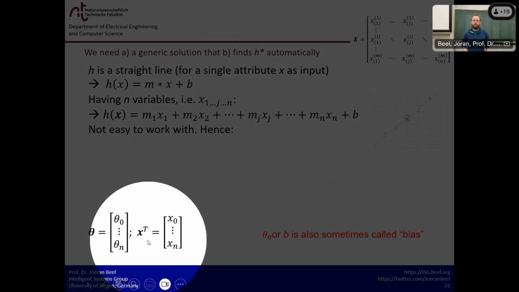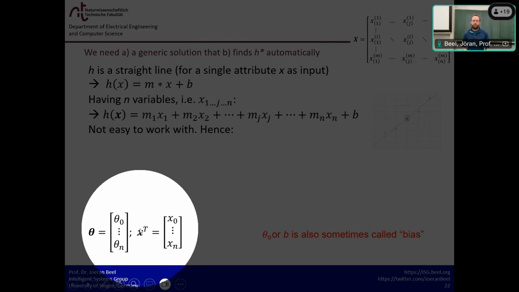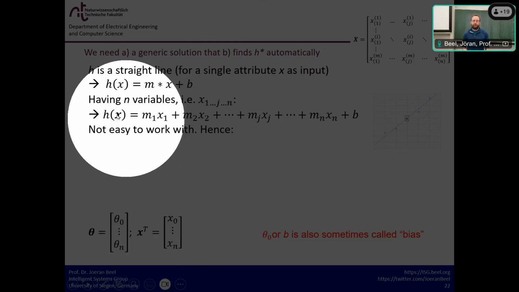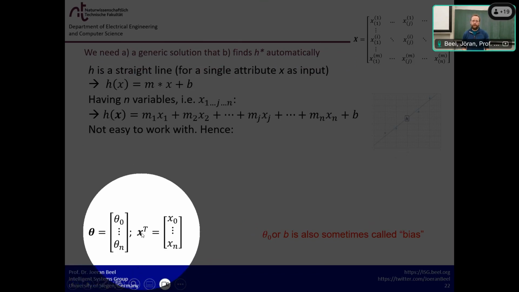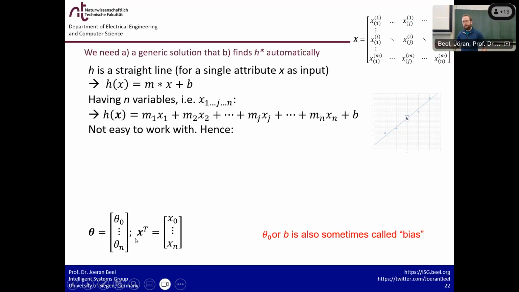What do you have to do to eventually have h of x equals the vector theta, or the matrix, multiplied by the vector x? You have to change the notation and somehow put it together. I give you 3 or 4 or 5 minutes, talk with your neighbor if you want.